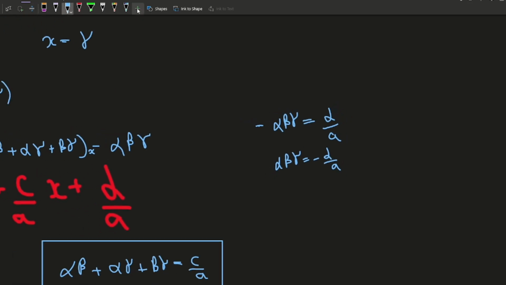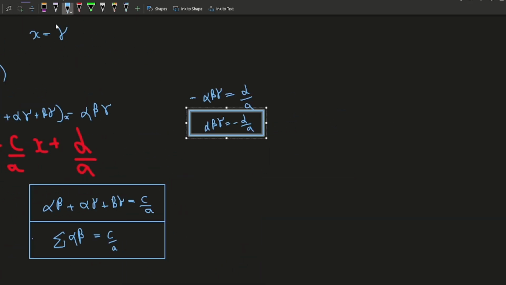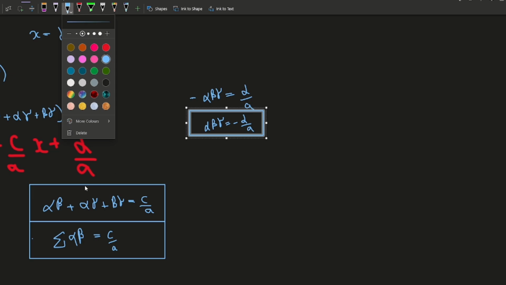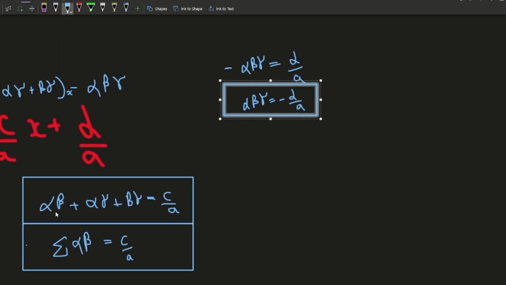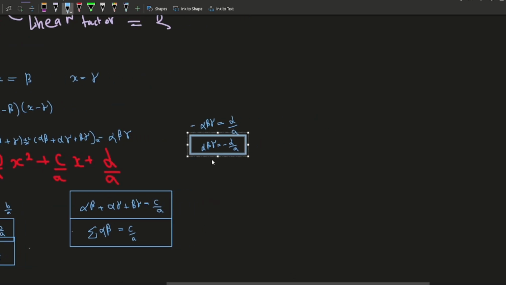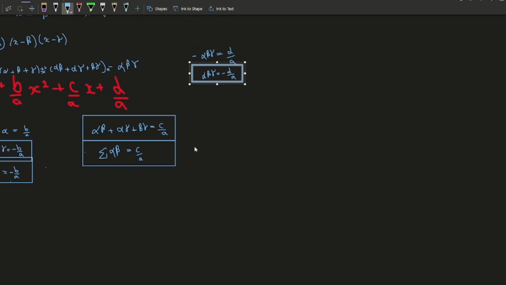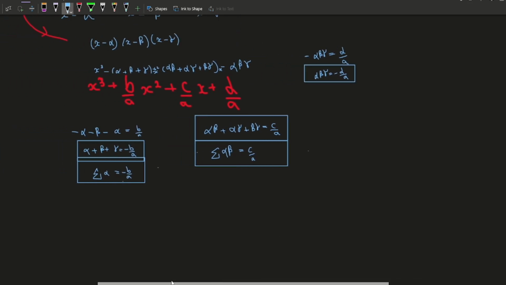Yeah, this is our third Vieta's formula. We can't use sigma notation here because it's not being added together. Here it was a pairwise sum, and here it was the sum of roots. Here it's not being added or subtracted with anything, so we can't use sigma notation. So these are our three Vieta's formulas.